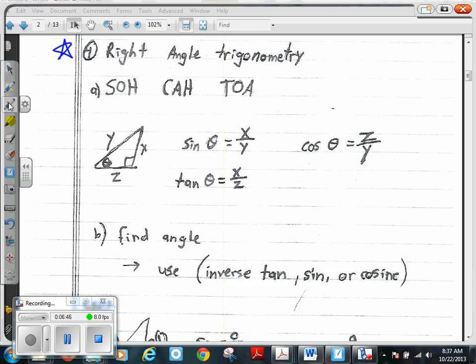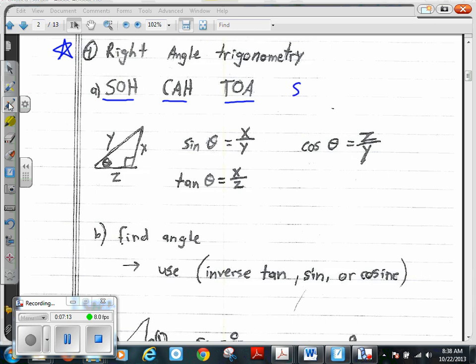I don't think you're into pre-calculus yet, but this is what you have to memorize, this word, SOHCAHTOA. Okay? And the reason why you need to memorize that is because it tells you your formulas that describe ratios of triangle legs.